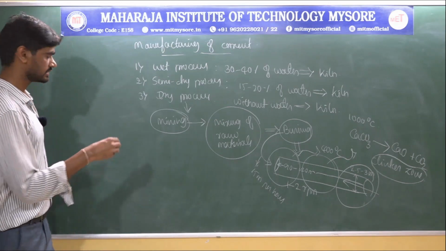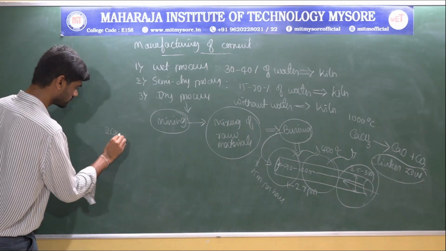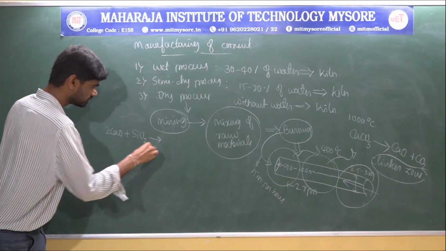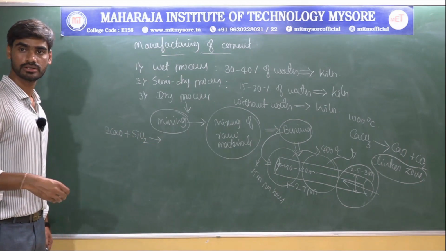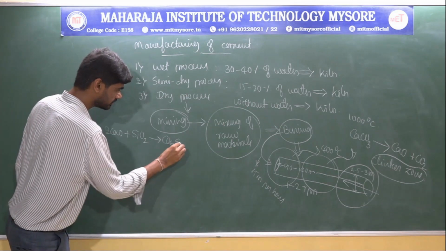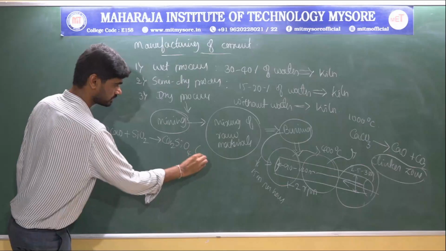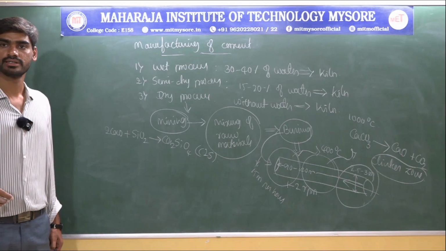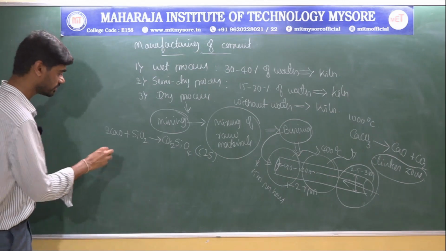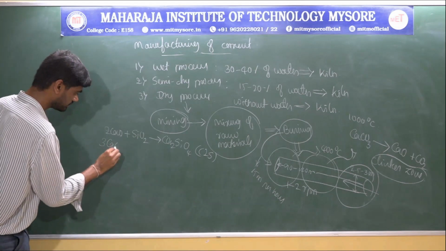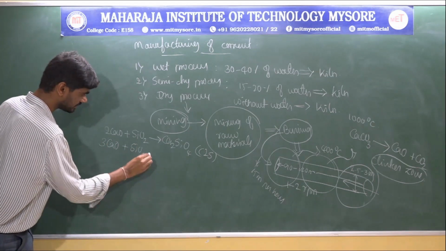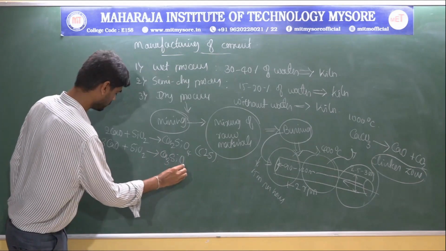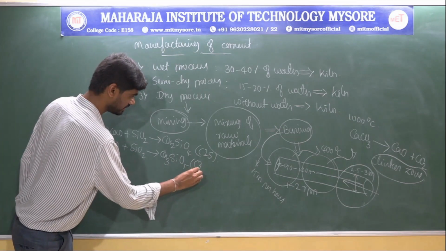The raw material calcium oxide reacts with SiO2 to give Ca2SiO4, which is represented by C2S. And tricalcium silicate is formed when 3 moles of calcium oxide react with SiO2, giving Ca3SiO5, which is represented by C3S.